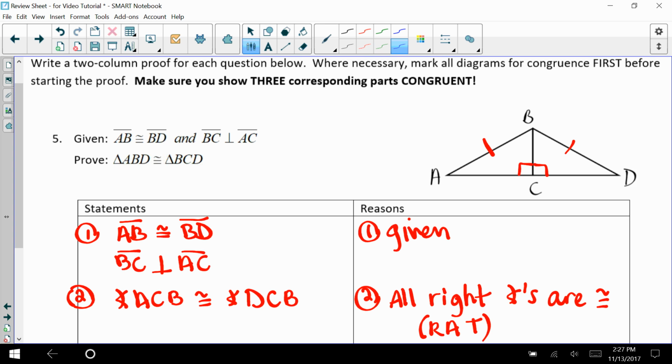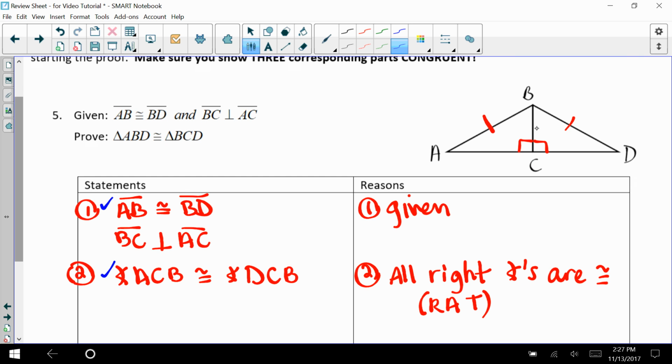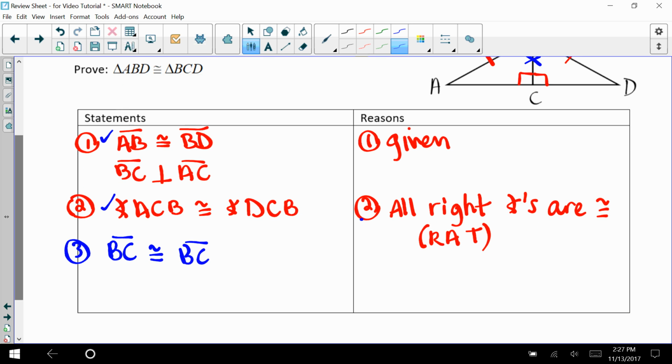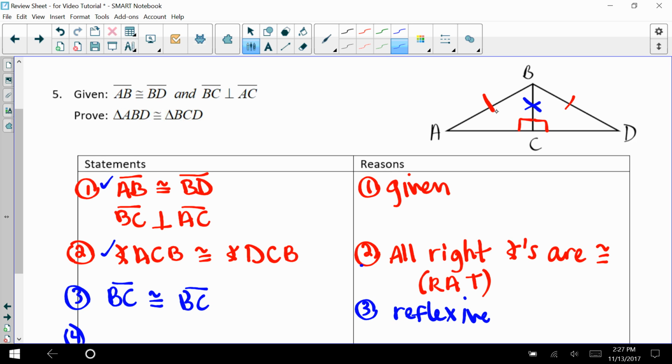So we have two pieces of information that are congruent. We have a side and an angle. The third side that's congruent is BC. So we can say BC is congruent to BC. And this is through the reflexive property. Now, do we have enough information to prove these triangles are congruent? We have right angles, right?